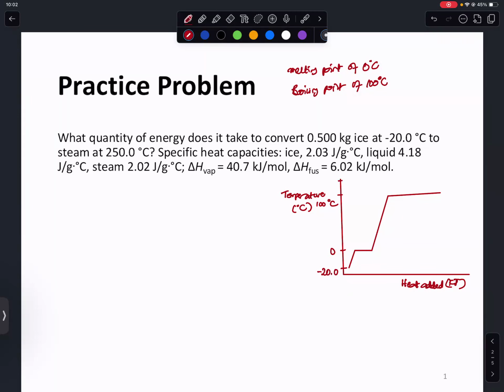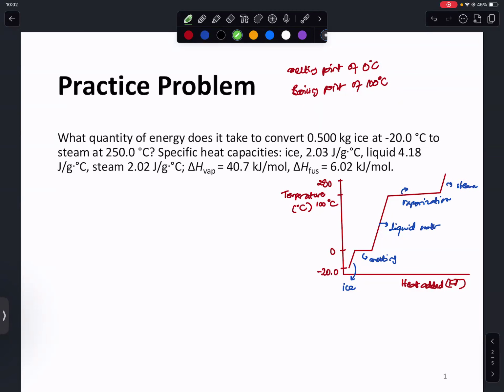And finally, I can say here, this is at 250. I'm heating the gas or the steam till 250. All right. And to make it easier for you, I can say that this here is ice. This is liquid water. And this here is steam. Okay, and here I can say that this is melting, and this here is vaporization.